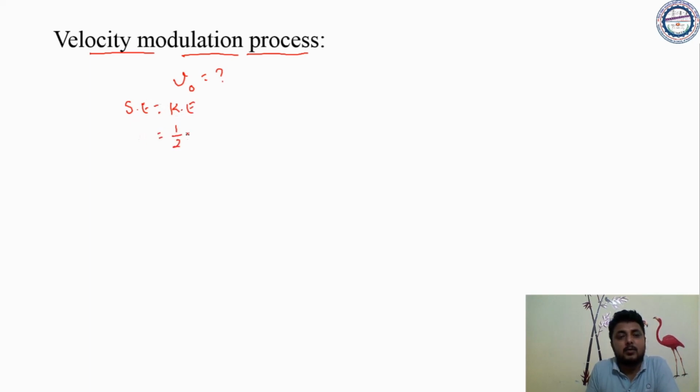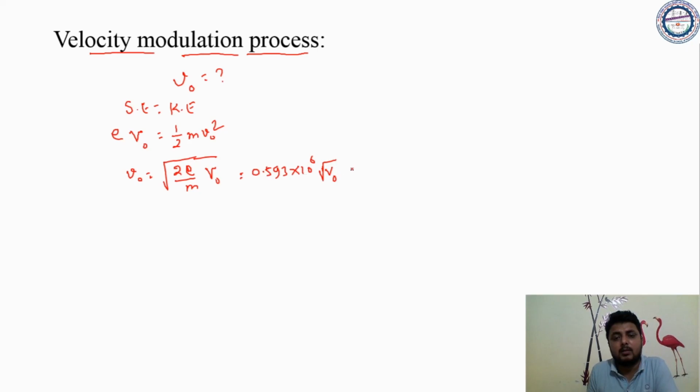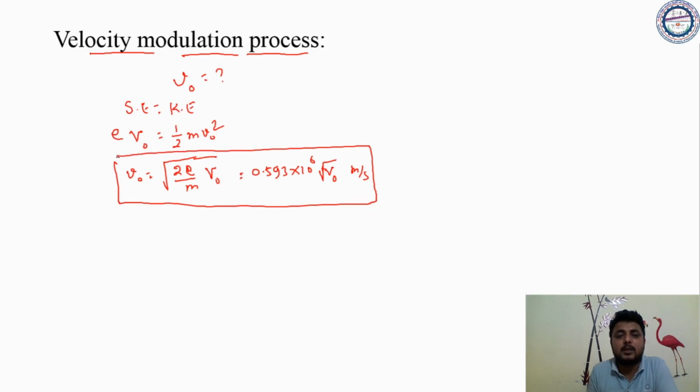The kinetic energy gained by the electron is half m v0 squared, and the static energy is the electronic charge times V0. So by using this we can find the velocity v0 is equal to square root of 2 e by m times V0, which is 0.593 times 10 to the power 6 times square root of V0 meters per second. So this is the initial or uniform velocity which is applied.